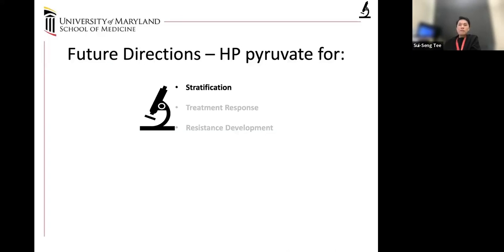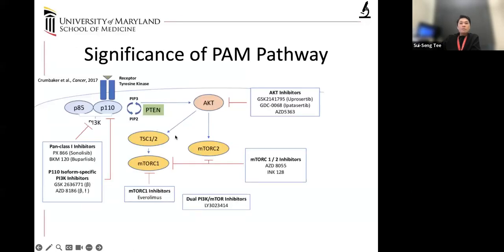Can we use imaging techniques to stratify patients? So right now, targeted therapy is a very exciting field of research. For example, in the PI3K AKT mTOR pathway, there are multiple inhibitors of the upstream PI3 kinase, the downstream AKT, and the effector kinases.